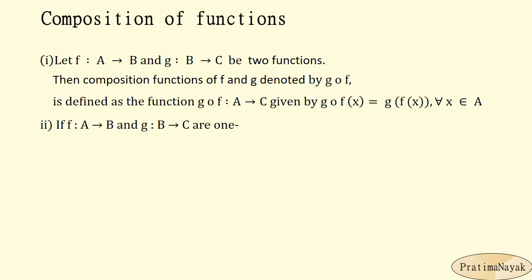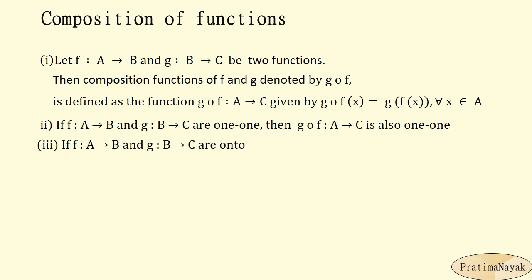If f from A to B and g from B to C are both one-one, then the composition function g o f from A to C is also one-one. If f from A to B and g from B to C are both onto, then g o f is also onto.